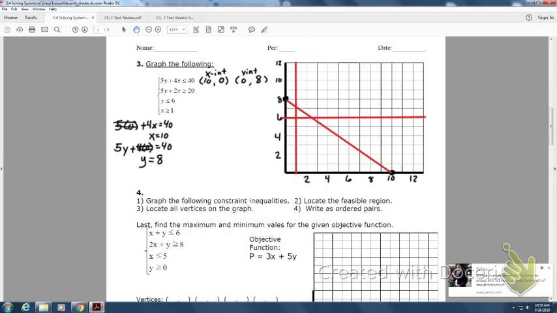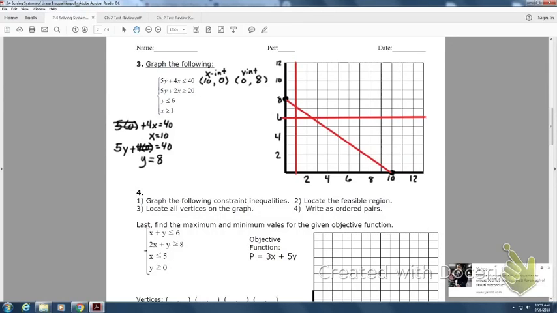Now going to the next one, I'm going to show you an even shorter way. It's the same process, but it's just a different way to look at it, and it makes it a little bit easier. Alright, so looking at the second equation.